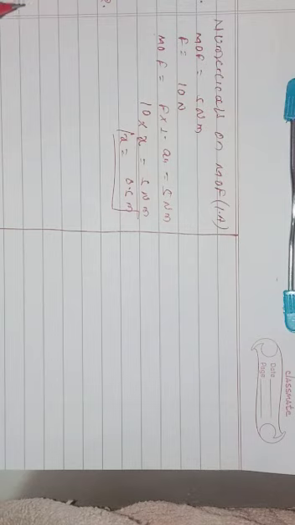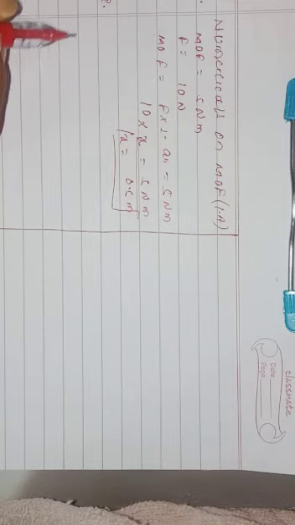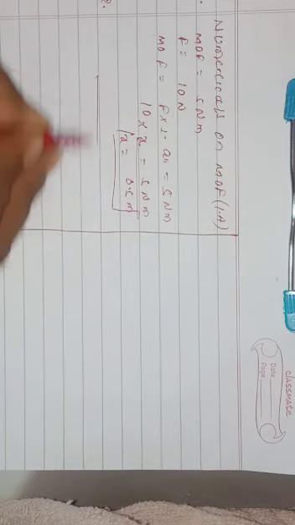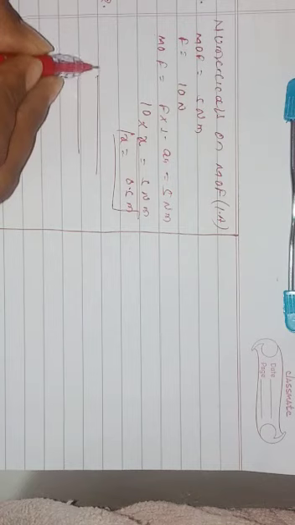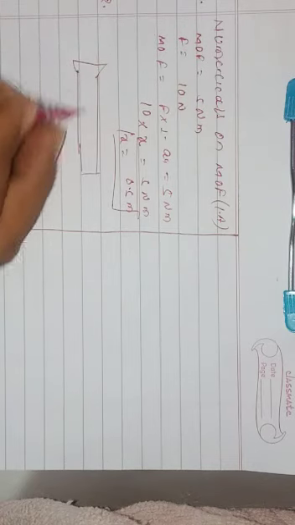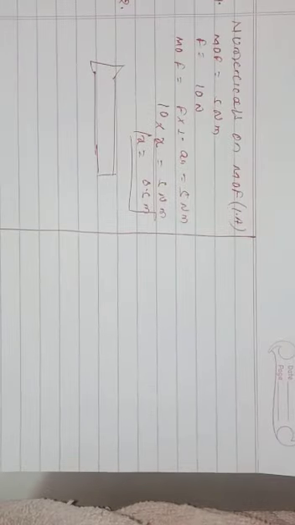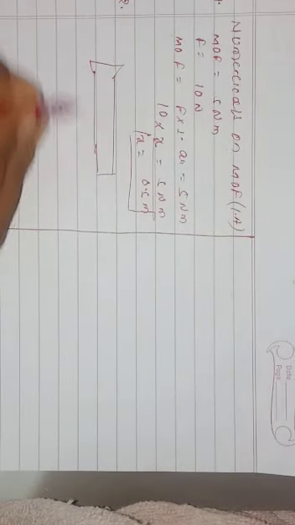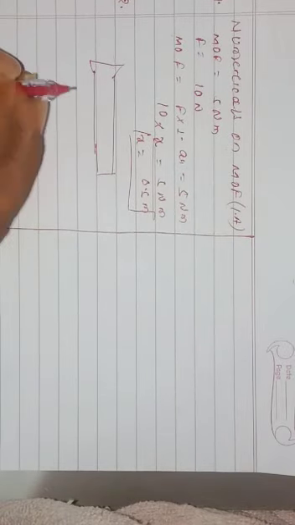Question number 2. A nut is opened by a wrench of length 10 centimeter. If the least force required is 5 Newton, find the moment of force needed to turn the nut. Now this is the wrench. I am not so good at drawing, so forgive me if I draw something not very precise.